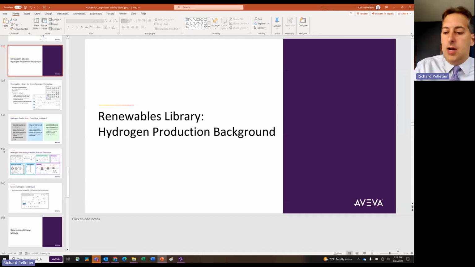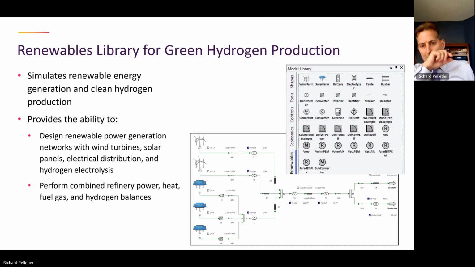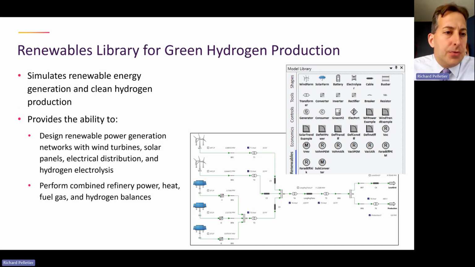All right, so we're going to actually go into slide mode for once and do a little bit of slide explanation here. Okay, so the renewables model library is a model library that's designed for renewable systems. And so typically this is for renewable energy generation and/or hydrogen production using electrolysis.